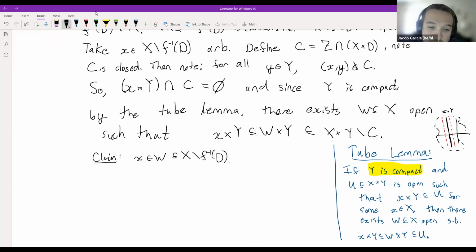So, to show this, we're going to let little w and capital W be arbitrary.